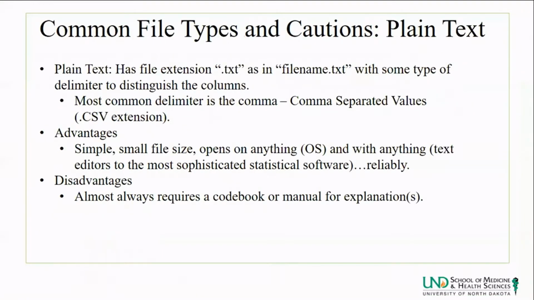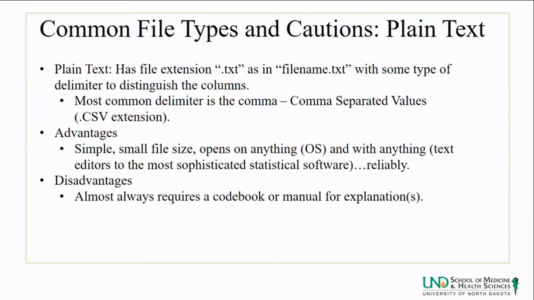All right, next we get to common file types and cautions. So we're talking about kind of raw data and things like this. There are a variety of common electronic file types you will come across. So I just want to talk about some of those common types and talk about their advantages and disadvantages.